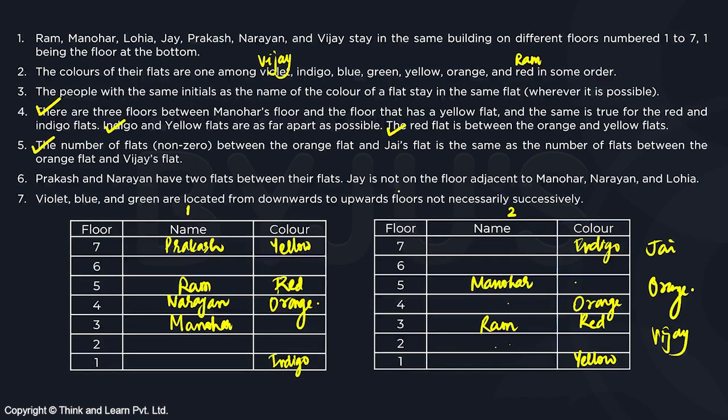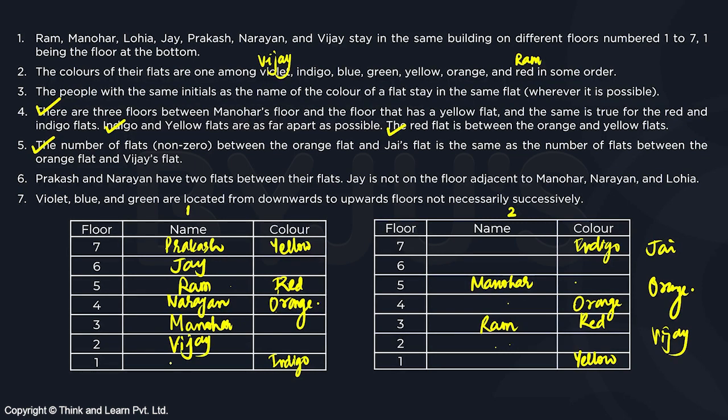And then Jay is supposed to be at the orange. Right? So if it is going to be at the orange, that means Jay is going to be at 6. And that will make Vijay go to second, so that there is a gap of 1 floor between J and orange and Vijay.